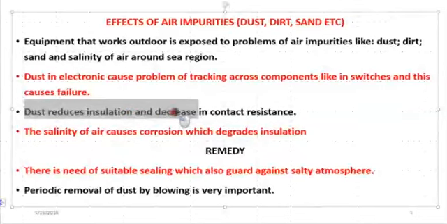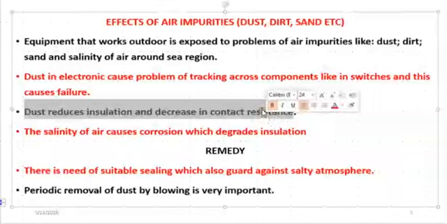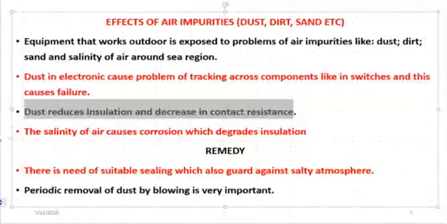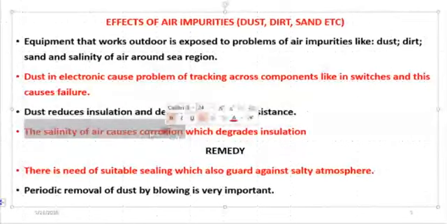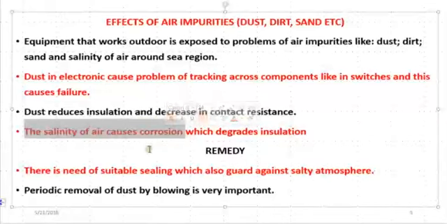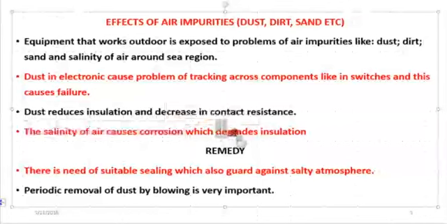Whenever the insulation is reduced, the insulation resistance is also reducing. If you decrease the resistance, what happens is much current flows, and that much current can cause damage. And also the salinity of the air can cause corrosion because of its nature, and it can also degrade the insulation, and all these have the effect of damaging the components.